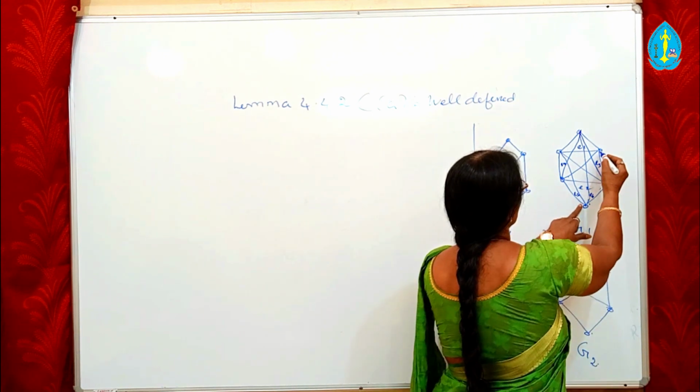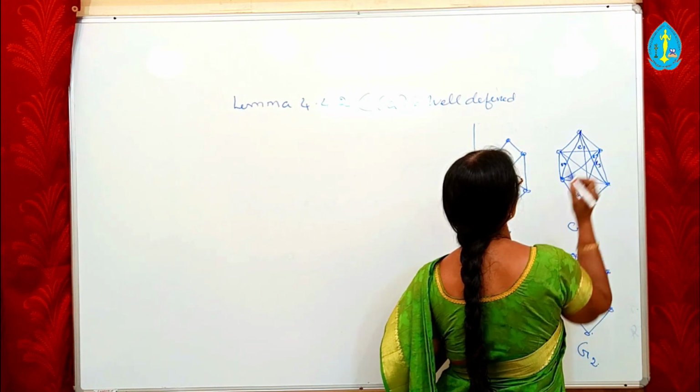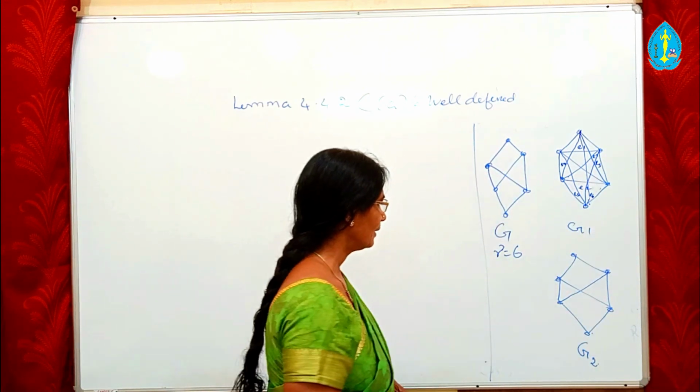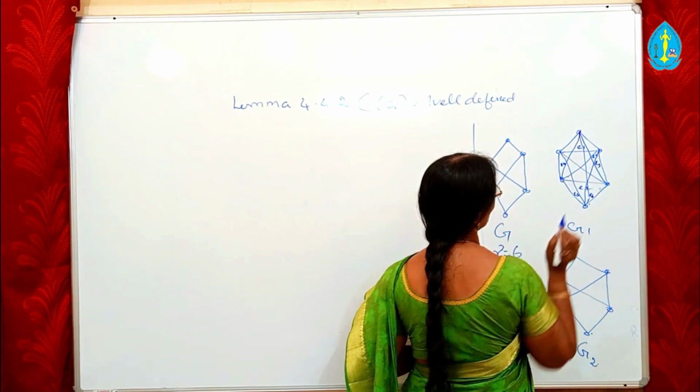Now these two are joined by an edge E7. So it is G1.